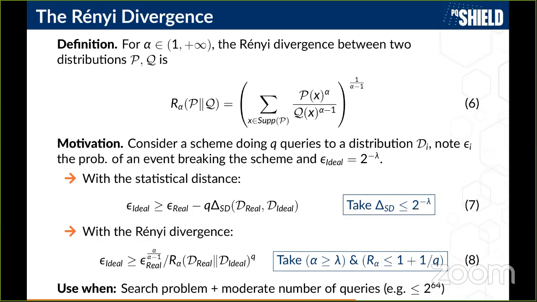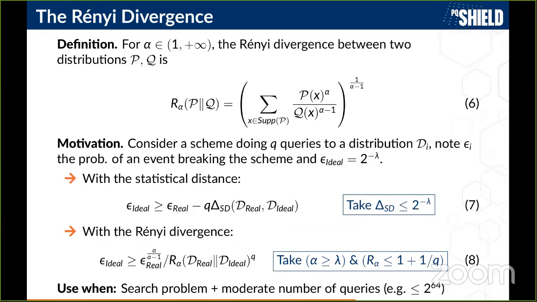And I take, for example, number of queries q equal 2 to the 64. The reason why I consider this number is that if you take a look at the NIST call for proposals for post-quantum schemes, they explicitly state that we may consider that the adversary has at most 2 to the 64 queries, so signing queries, for example.